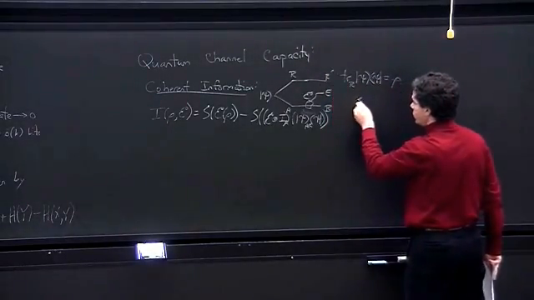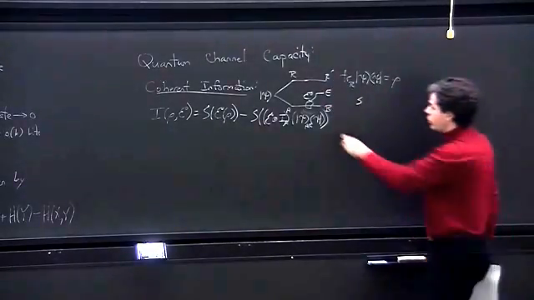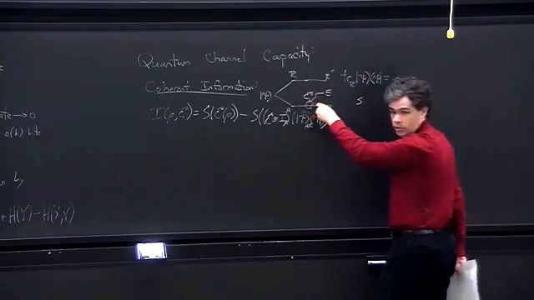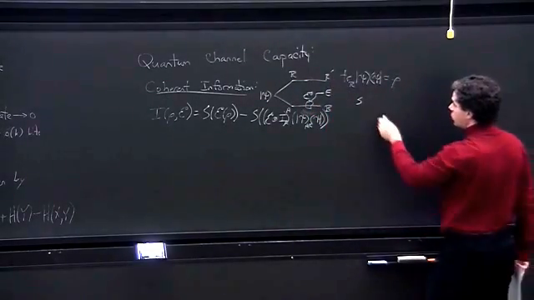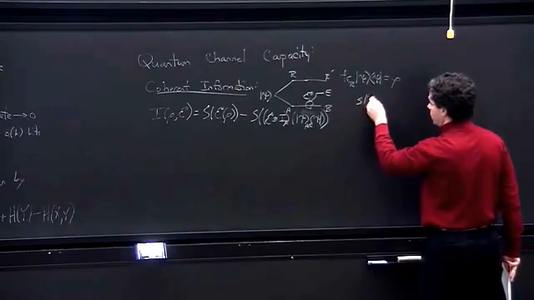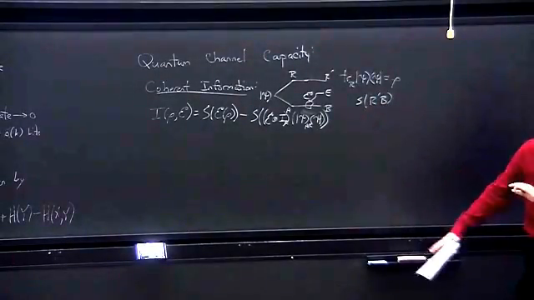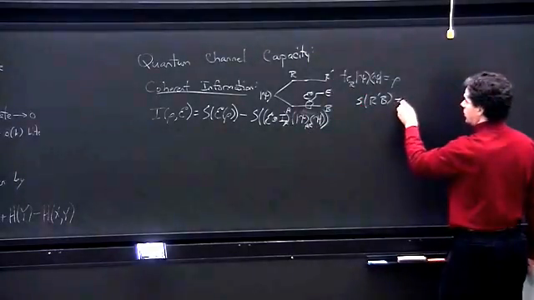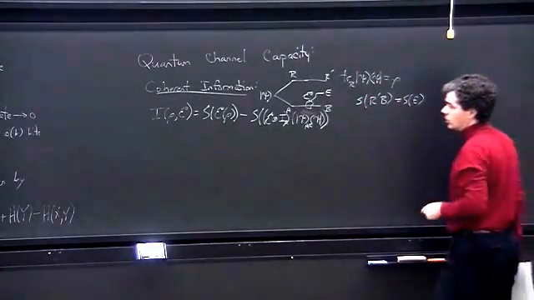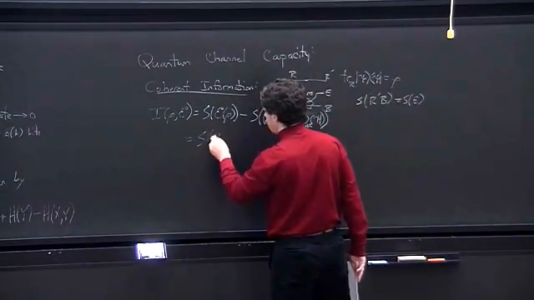This over here is still a pure state, because it started as a pure state and this is a unitary interaction. Remember that for a pure state, if you divide it in half, the entropies are equal. So the entropy of R prime B is equal to the entropy of E. So this is equal to S of B minus S of E.